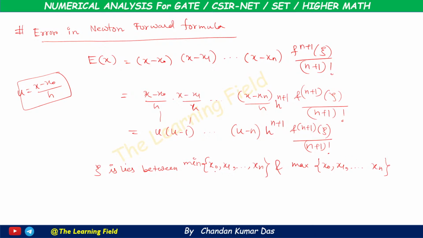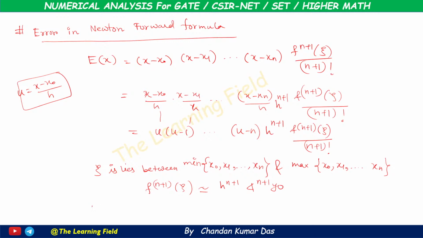Also, you can write f^(n+1)(xi) as nearly equal to h to the power n plus 1 into delta^(n+1) y0.